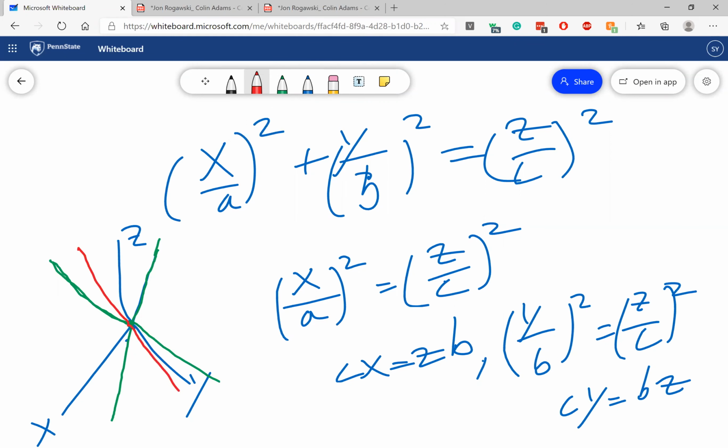This would be one of them, and then this over here would be the other. Here are lines. And then if we add the fact that we had circles, we're going to get these circles. And that would give us a cone.